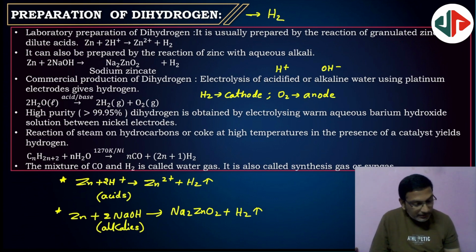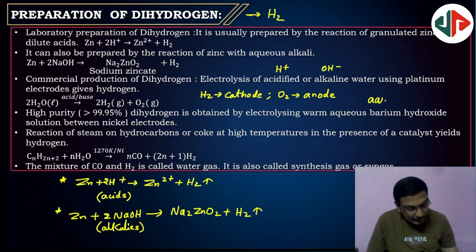Next, very high purity of dihydrogen, that is approximately 100%, can be obtained by electrolysis of warm aqueous barium hydroxide. That means simply aqueous Ba(OH)2.